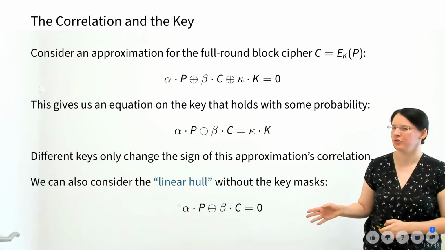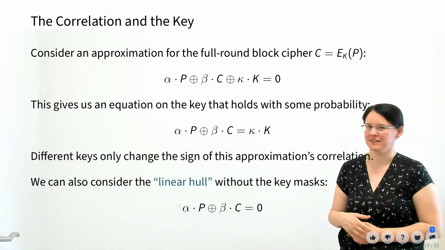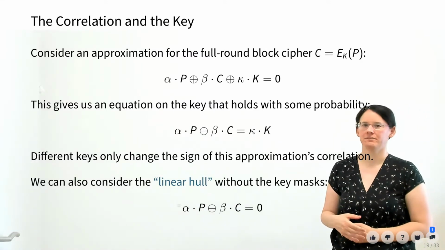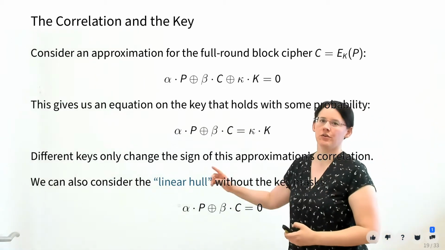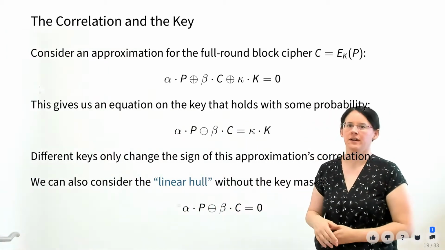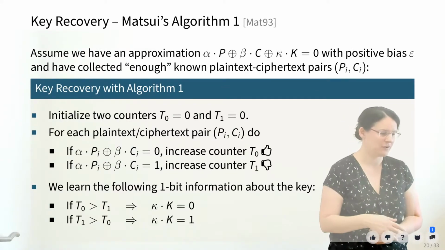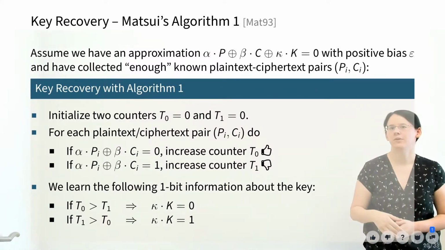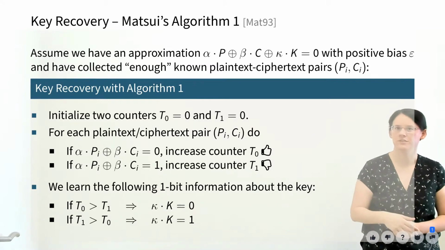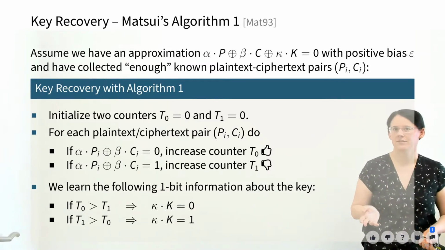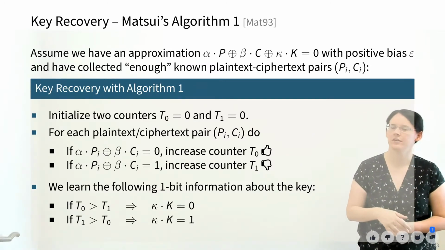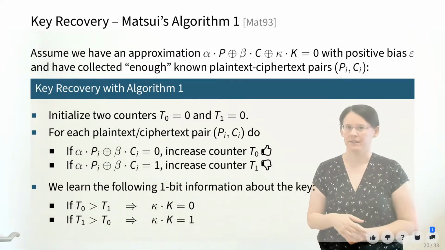Now there are a few caveats that don't actually make this true in general, but it would still be interesting to look at this term here in isolation. And there is now a very famous algorithm for how we can use this to learn more than just one bit of the key. And the strategy is going to be somewhat similar to differential cryptanalysis key recovery.